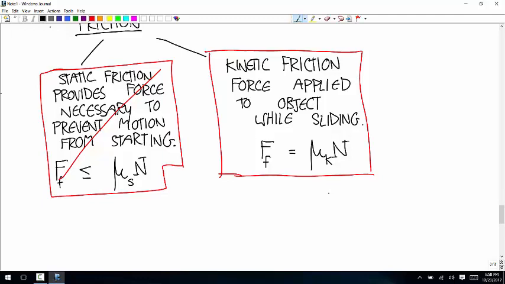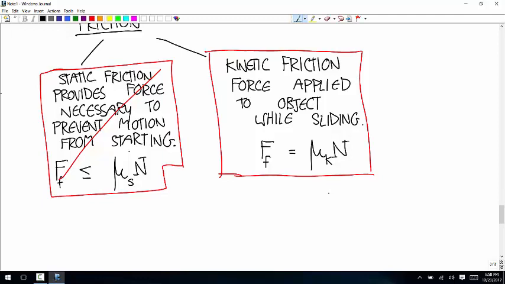There's one more thing that I want to say about these. With static friction, that force of friction is up to a certain value. With kinetic, it's always equal to a certain value. But then the two expressions look pretty much the same. But notice that they have different constants.